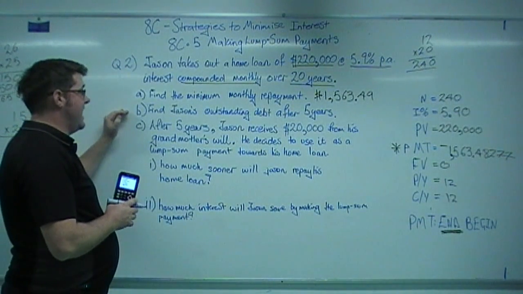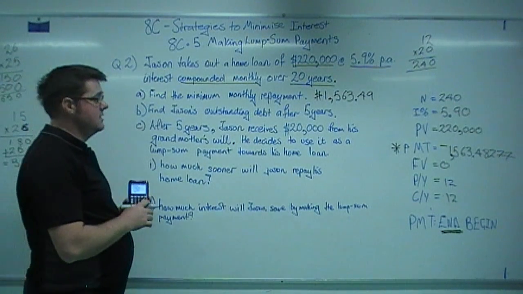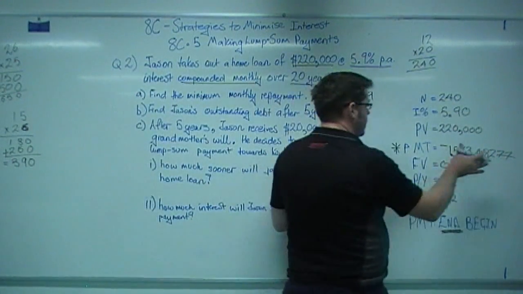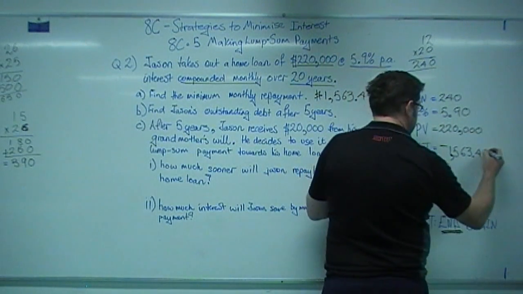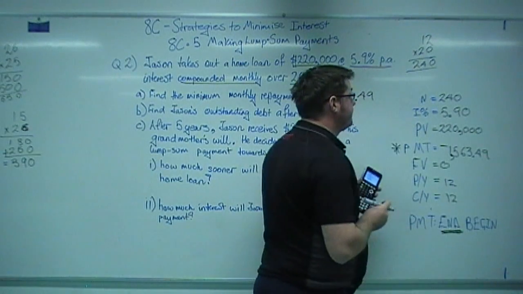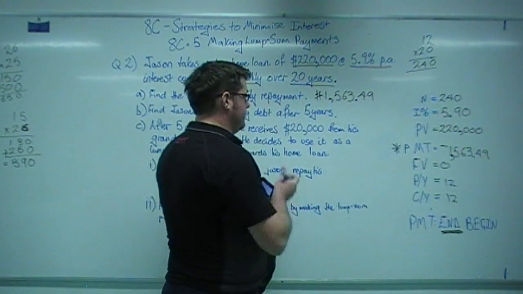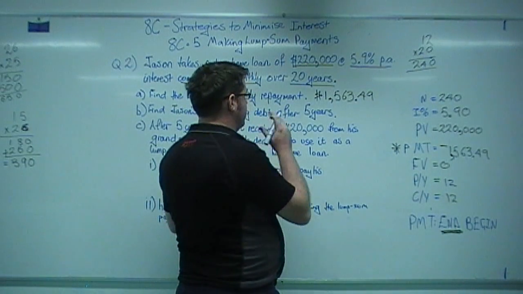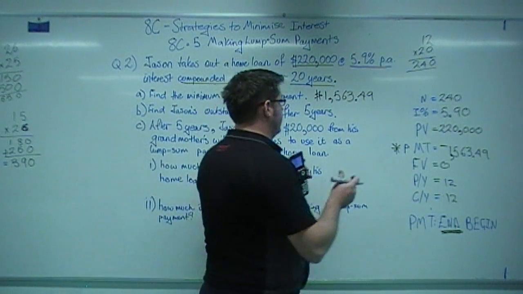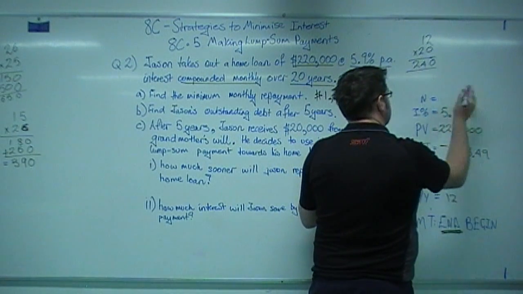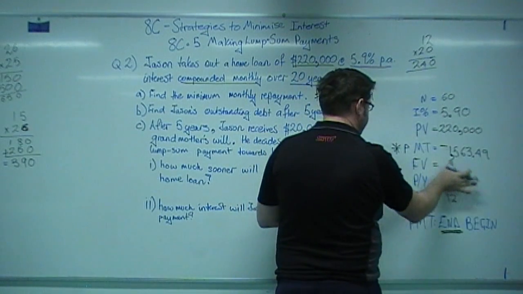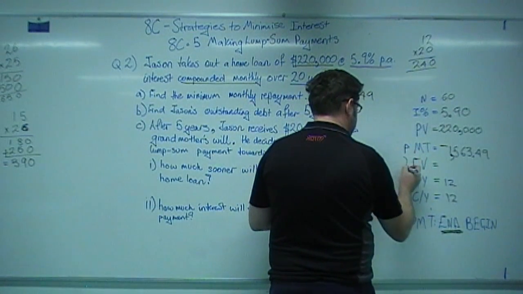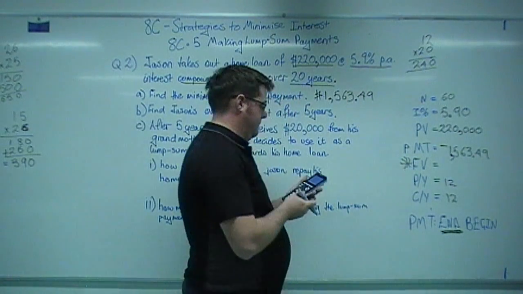So we're next asked to find Jason's outstanding debt after 5 years. So here we have to remember that this is going to go up to the 9, and we want to know after 5 years, 5 12s are 60. We want to find now the future value.